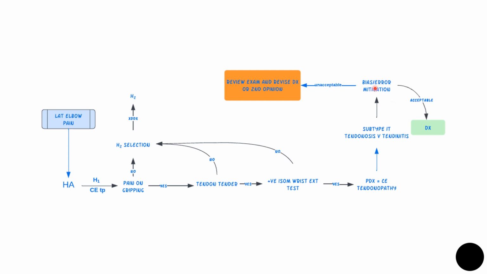Now we go through bias and error mitigation. If we do this and the results are acceptable, there are either no errors as far as we can see or no bias as far as we can see, or they're at an acceptable level, then we have our working diagnosis from which we can generate a treatment plan, prognosis, etc. If these are unacceptable, now you've got to review the entire exam and revise the diagnosis and/or get a second opinion.